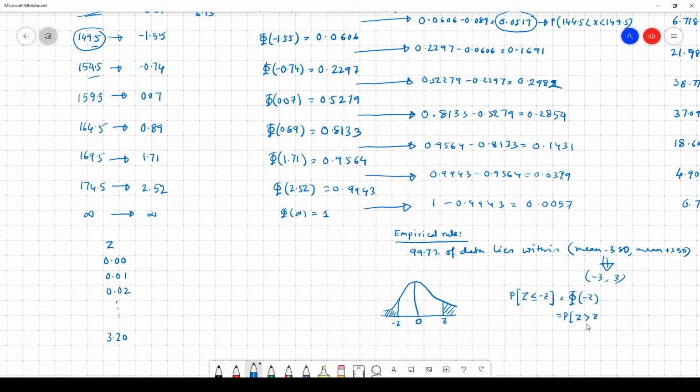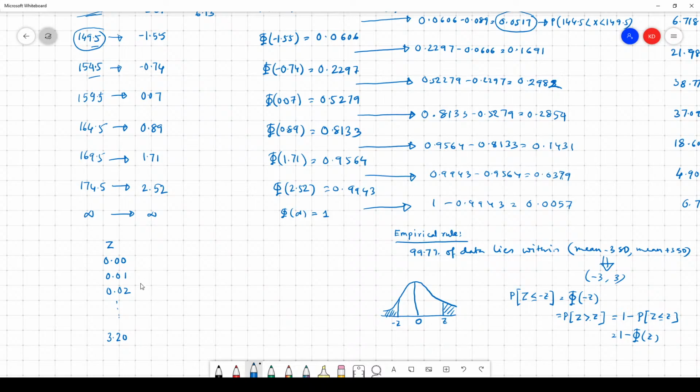Because this is continuous, whether you include equality or not doesn't change the probability. So this equals 1 minus the probability of Z less than or equal to small z, which is 1 minus phi z.